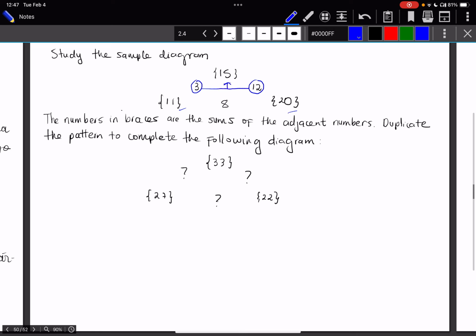And we have 3 plus 8 is equal to 11. And then we have this other pair of numbers adjacent to 20. We have 8 and 12 that add up to 20.